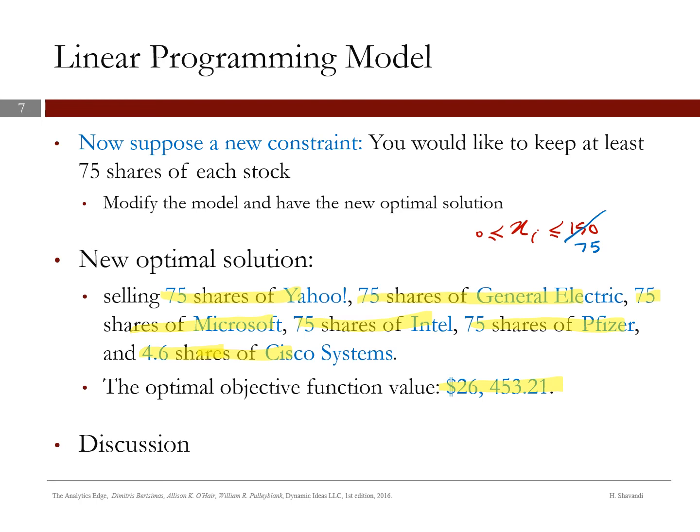26,453.21. This is less than the previous one, because we have a tighter constraint here, so we shouldn't expect to have a higher objective function value compared to the previous one.